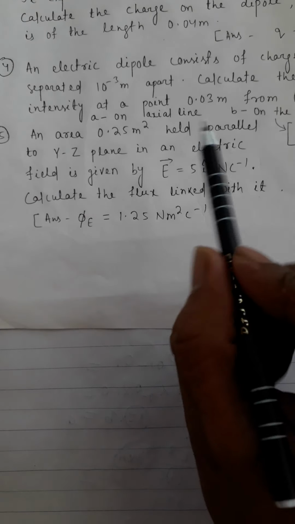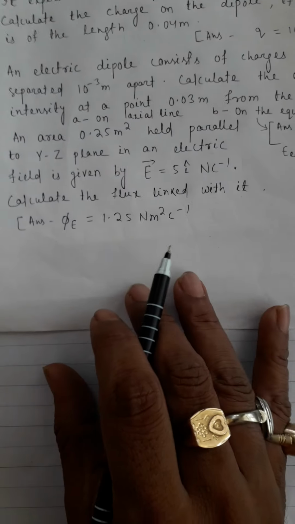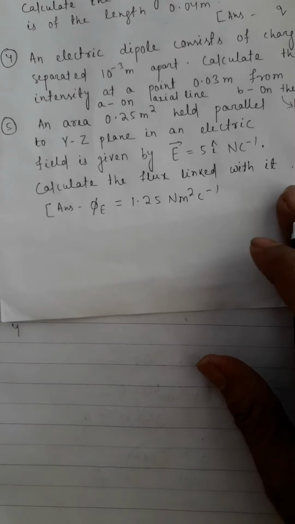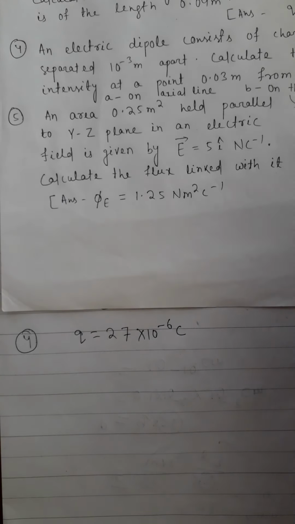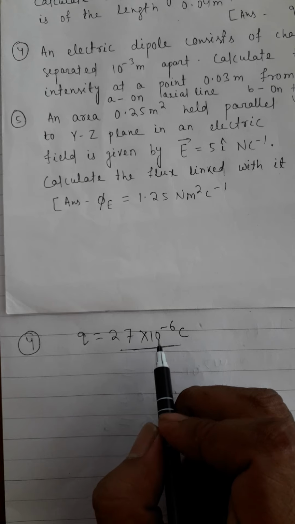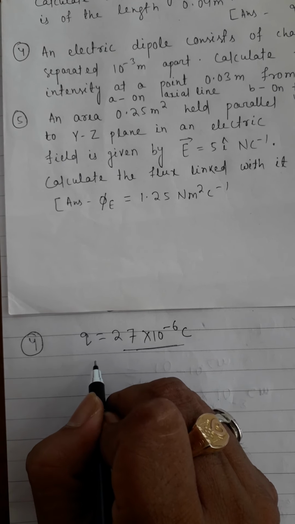Fourth question is, an electric dipole consists of charges 27 microcoulomb. So charge is given, Q is equal to 27 into 10 to the power minus 6 coulomb. It is given in microcoulomb, and I will convert it to coulomb, that is 27 into 10 to the power minus 6 coulomb, and separated 10 to the power minus 3 meter apart.